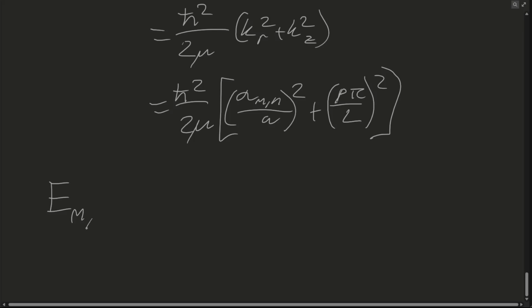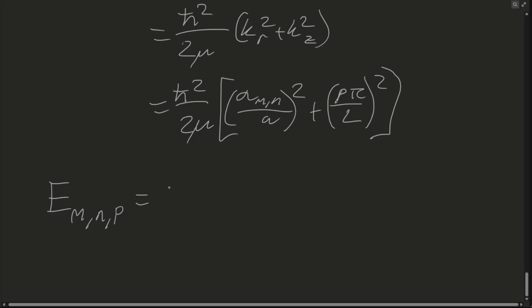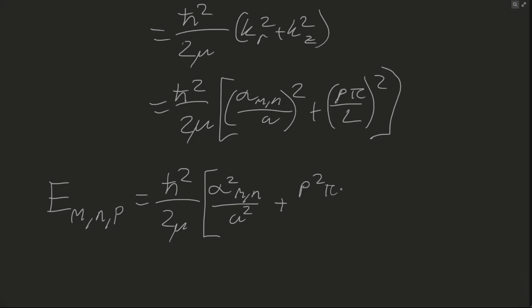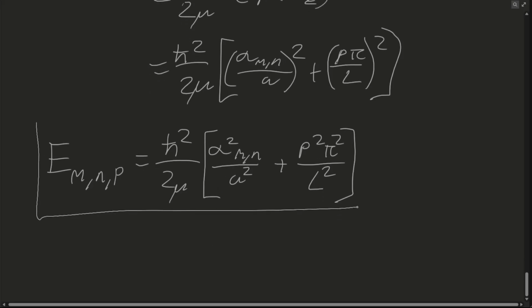E_mnp. These are the energy states. I'll explain a bit more of what the significance of this is in a moment. E_mnp equals h bar squared over 2 mu times alpha_mn squared over a squared plus p squared pi squared over big L squared. And that is our final solution, and we can put a box around it.